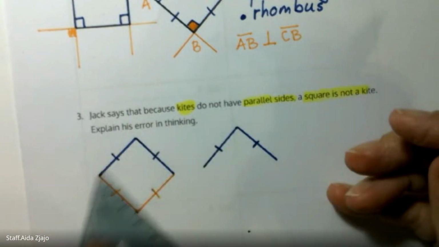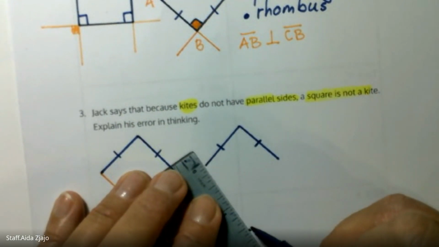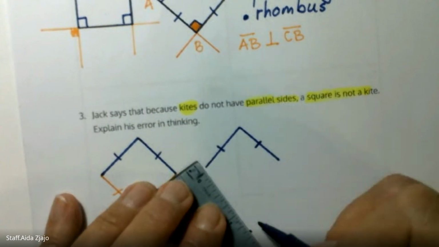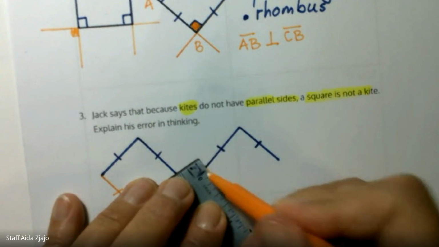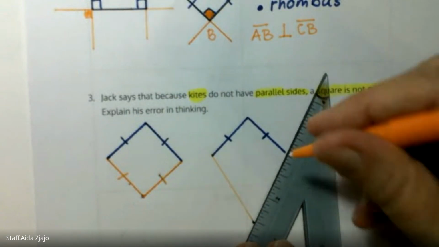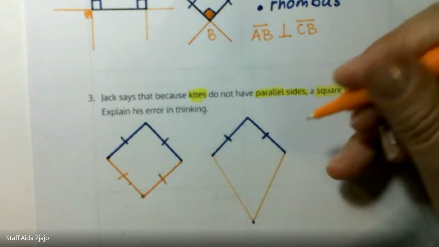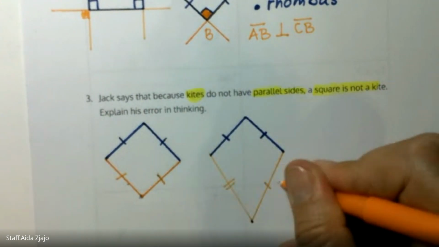So these two are going to be congruent, this one here and this one here, and this and this are congruent.